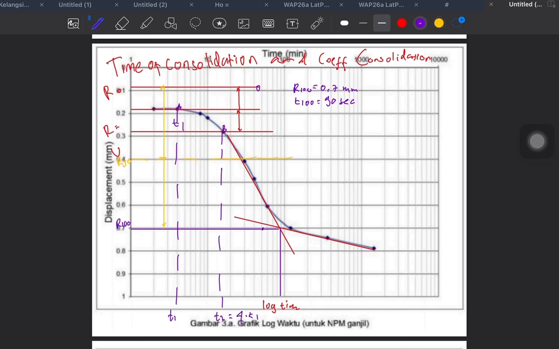So we can get the value of time 50, the time required for the soil specimen to reach 50% of the consolidation. The value of T50 is equal to 30 seconds.